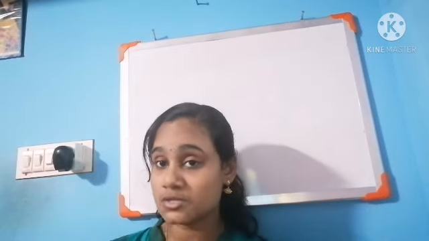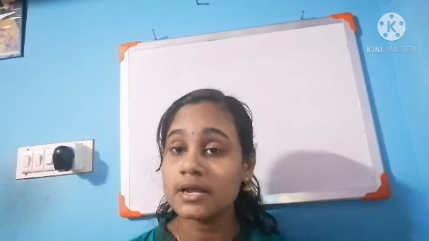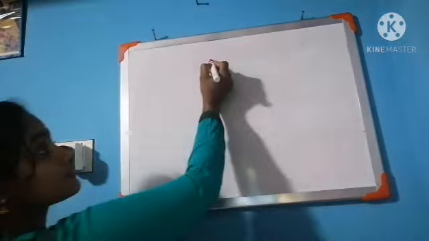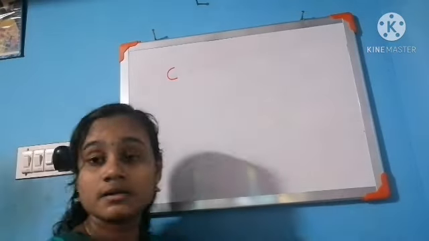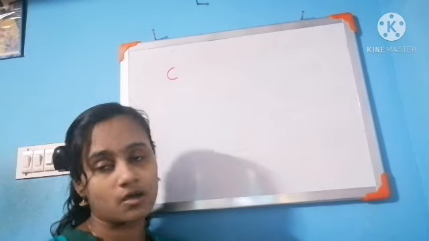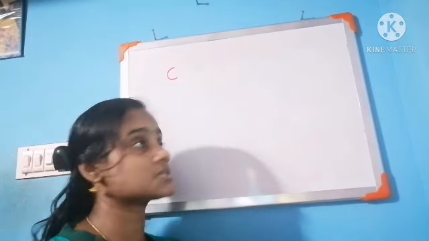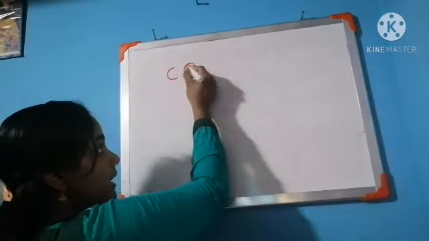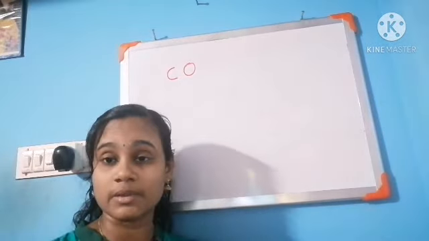Gaseous compounds. First one is carbon dioxide. Carbon means C. Dioxide: oxide is oxygen. How many oxygens are there? 2. Di means 2.